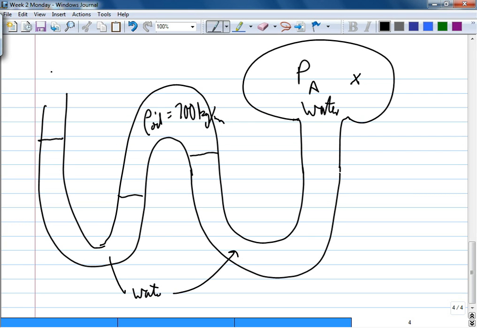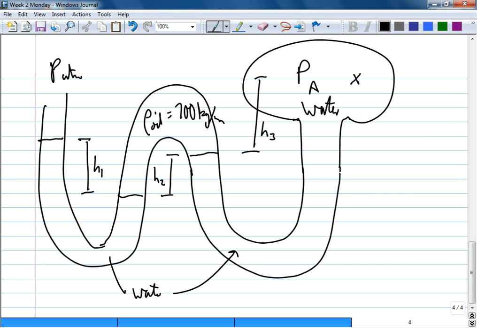Here we open, here is atmospheric, P atmospheric. Here you call this H1, here I call this H2, here I call this H3. We have some oil in here which is lighter, that's why it floats up.